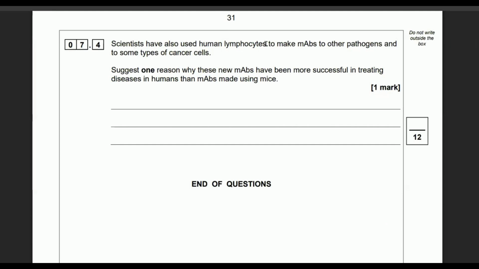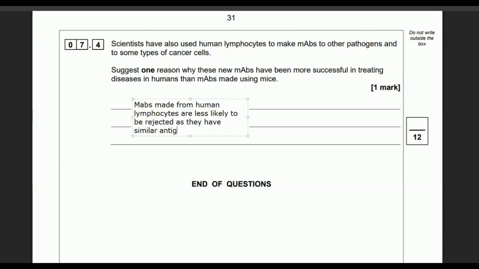Scientists have also used human lymphocytes to make MABs to other pathogens and to some types of cancer cells. Suggest one reason why the new MABs have been more successful in treating diseases in humans than the MABs in mice. So the MABs that were made from human lymphocytes are less likely to be rejected as they have similar antigens.